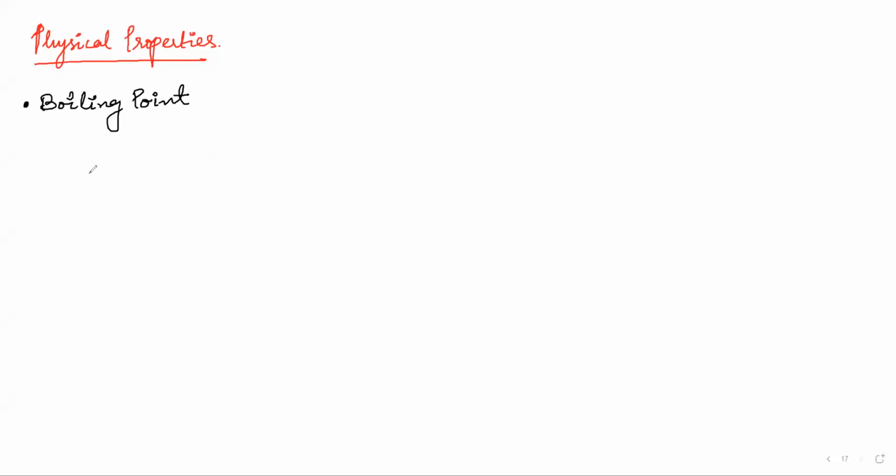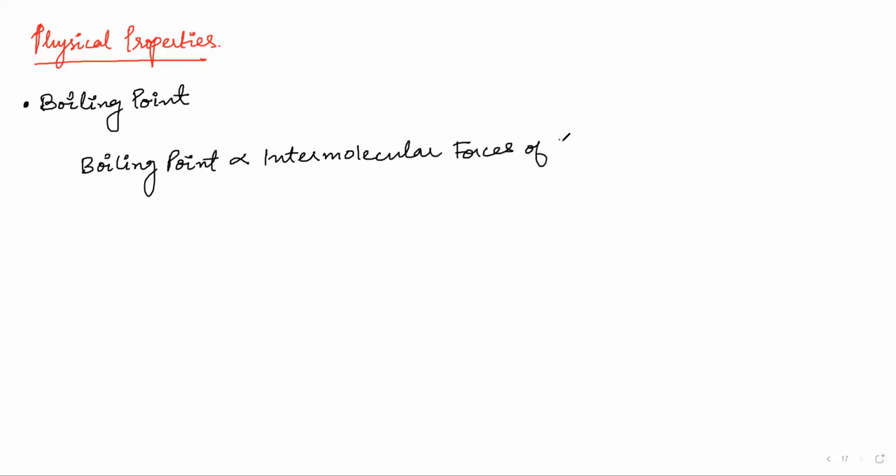Boiling point is directly proportional to intermolecular forces of attraction. Now if I want the IMF, intermolecular forces of attraction, order: the least you have is van der Waals forces.